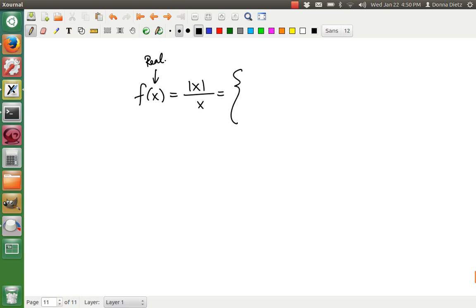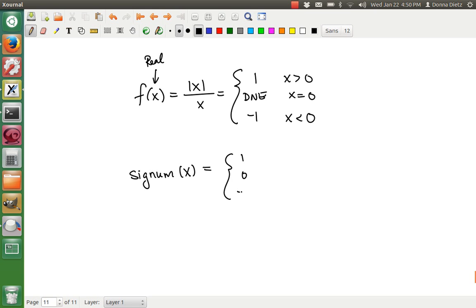This is equal to 1 when x is positive, and it's equal to -1 when x is negative. And it does not exist if x equals 0. But we also have a function, signum of x, which is different. Signum of x is very, very similar.